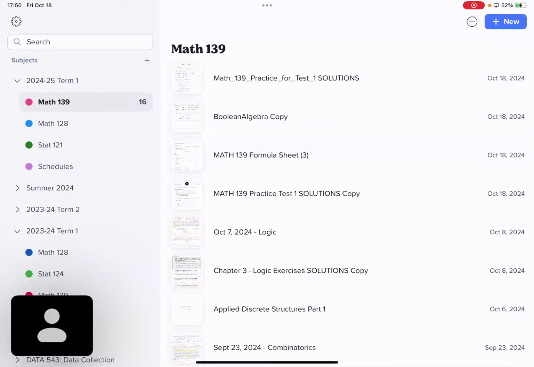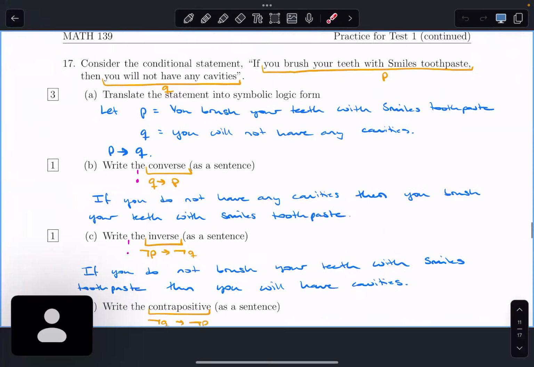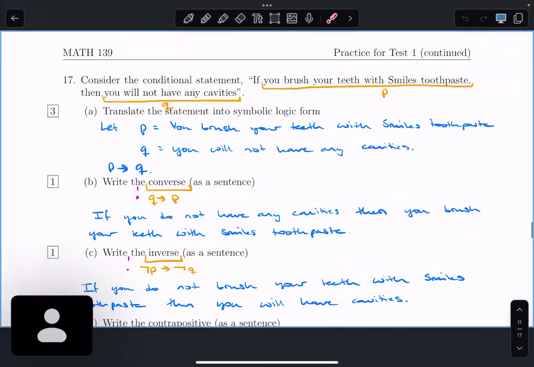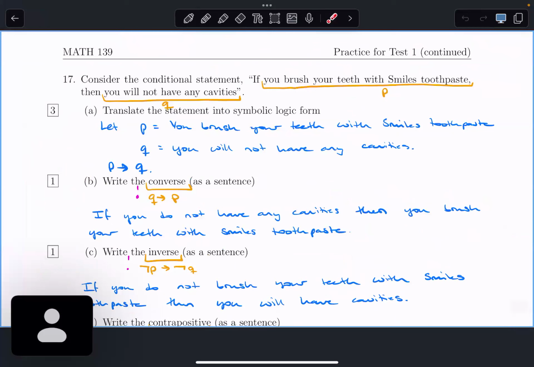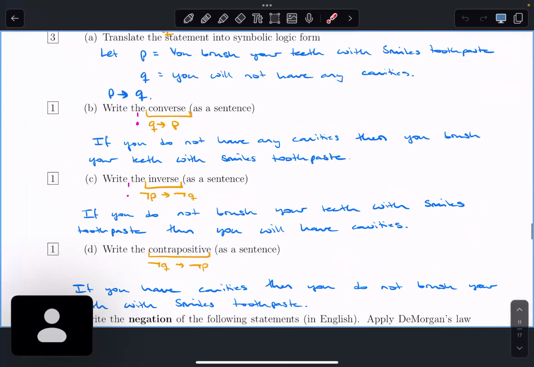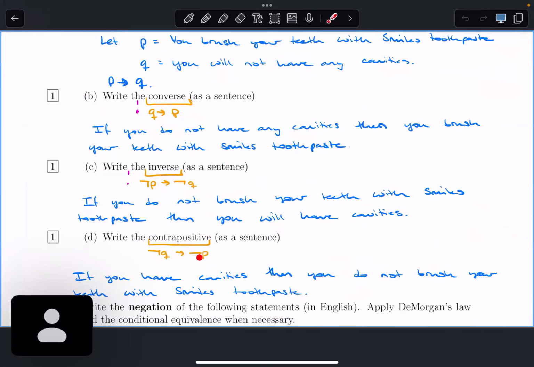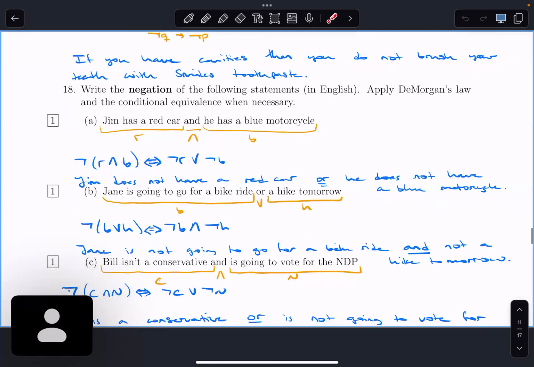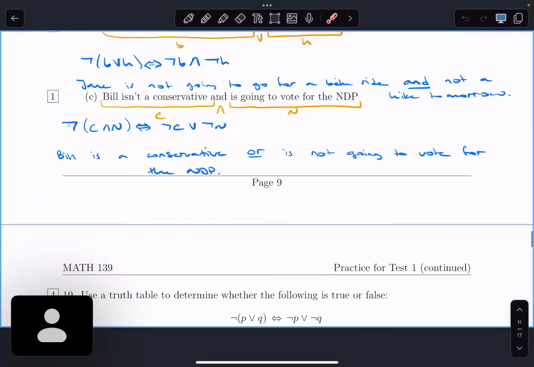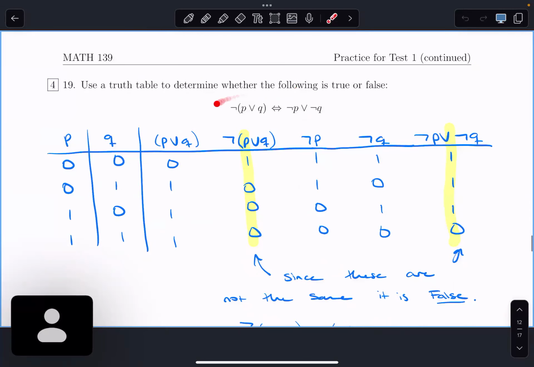I'll give you a conditional statement, and because you have the converse, the inverse, and the contrapositive on your formula sheet, I will make you do that. And then maybe one negation, not three, but that's just for practice. And then the rest will be: make a truth table to show if it's true or false.